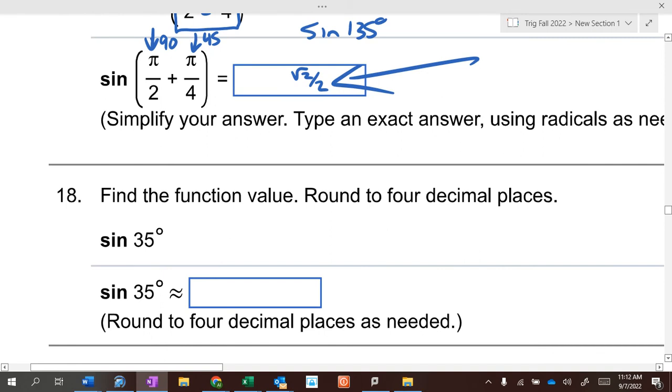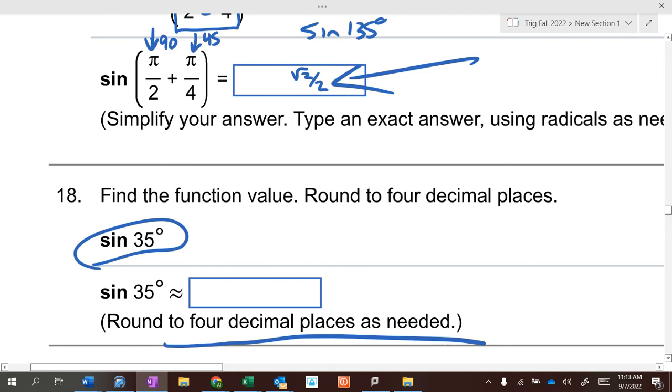All right. Now, Chloe, when we get to number 18, can do her happy dance. Why? Because when we're rounding to 4 decimal places, it's actually telling you, put it in your calculator. Find the sine of 35 degrees. What is the sine of 35 degrees? -0.429.